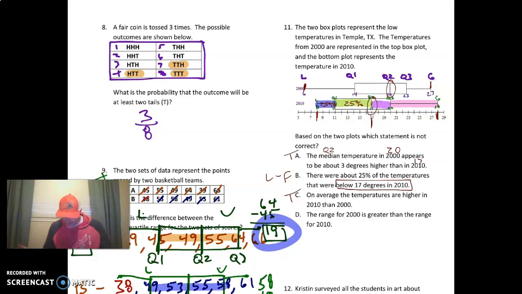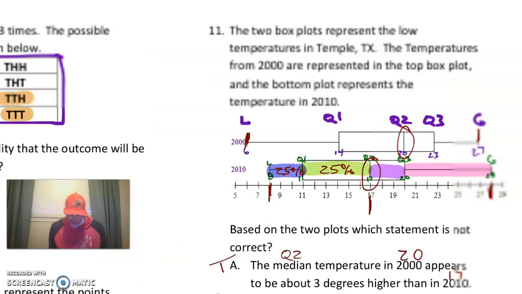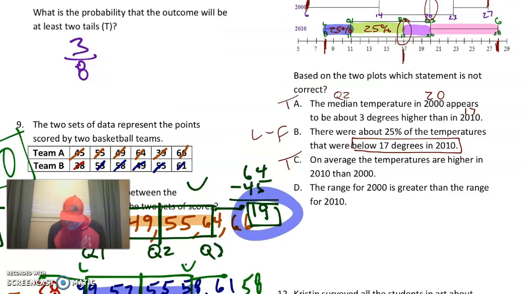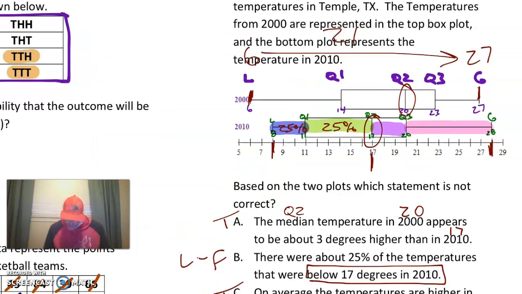D, the range for 2000 is greater than the range for 2010. So let's find the range for 2000. Remember, we have 27 and 6. So how far apart is that? You just do 27 minus 6, which is 21. So the range for 2000 is 21. And then you look at 2010, and we labeled it.